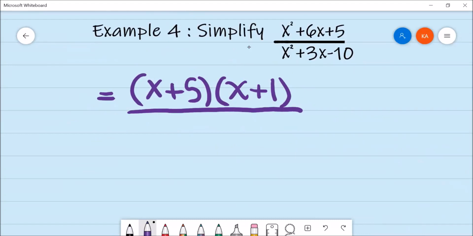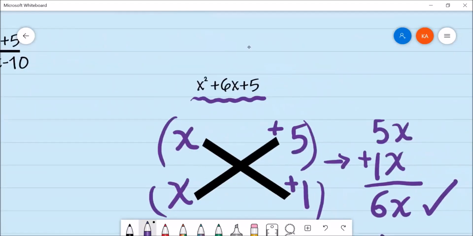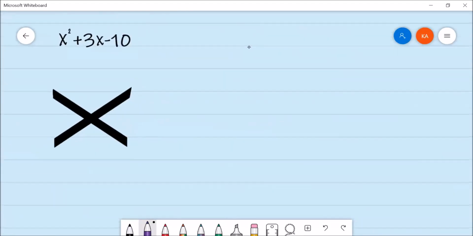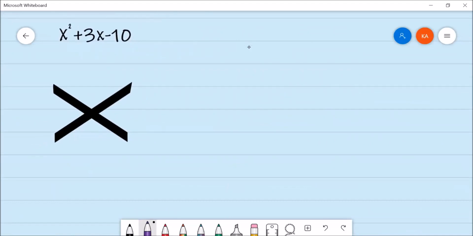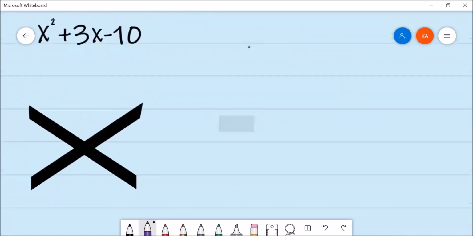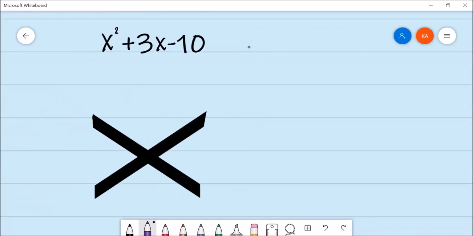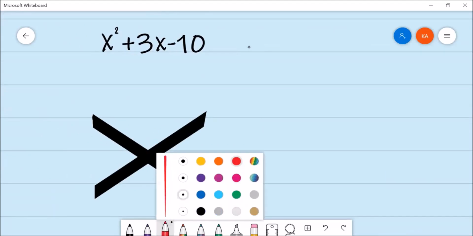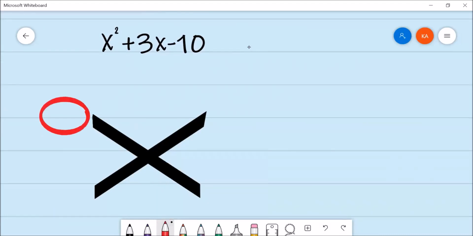Now we have to factorize the denominator using the same way, the cross way. Let's write the denominator, x squared plus 3x minus 10. We have to write here the factors of the first term, x times x.